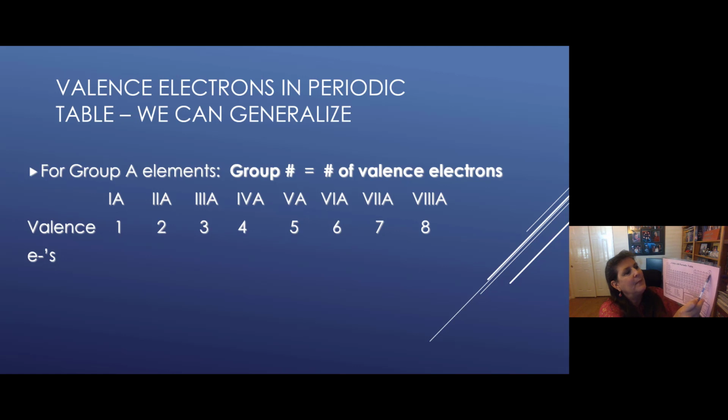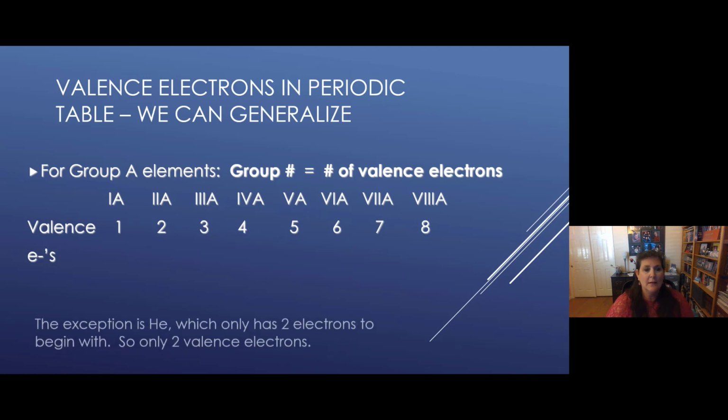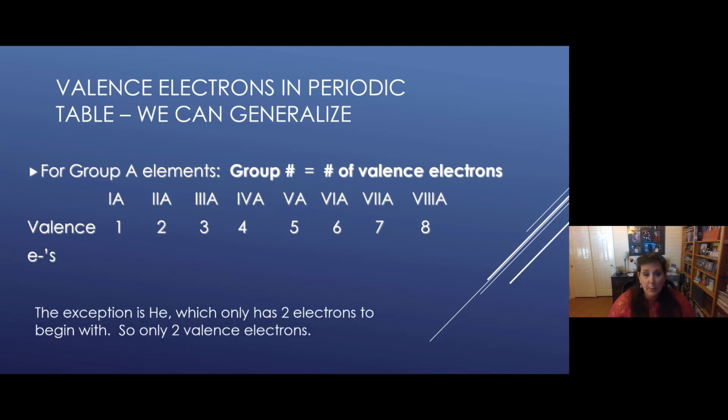Except helium only has 2 electrons to begin with. So your column number is your valence electrons for the main group elements, the 1, 2, 3, 4, 5, 6, 7, 8. Excellent. So we got a cheat. So again, the exception is helium, only has 2 electrons to begin with, so it can only have 2 valence electrons, not 8, even though it's in column 8A.